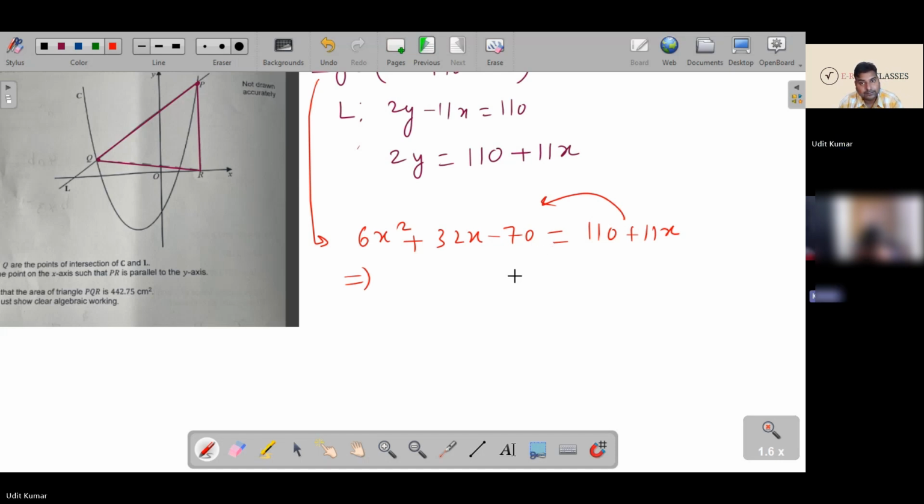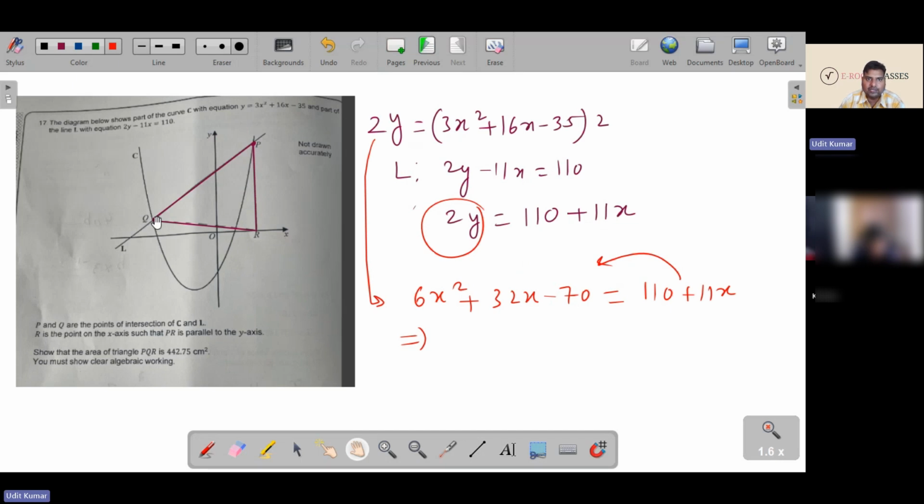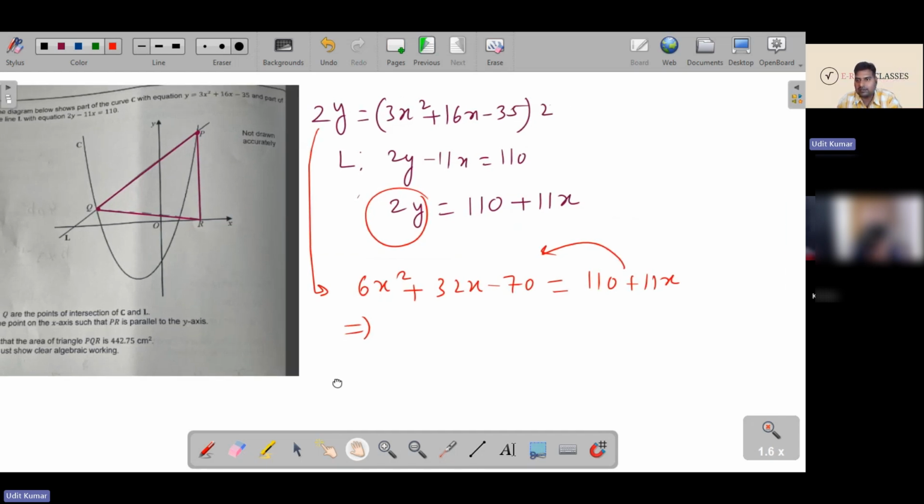What happens to 2y? I replaced that 2y with this, because at these points they are basically equal. The coordinates for P are the same for the curve and for the line. So I'm only talking about that particular point, and that is why I'm looking for P and Q, not any other point, because for them x and y are the same.